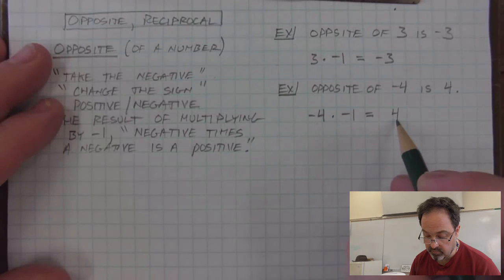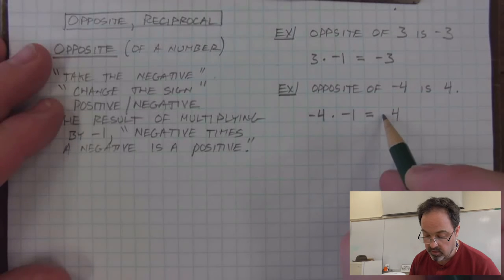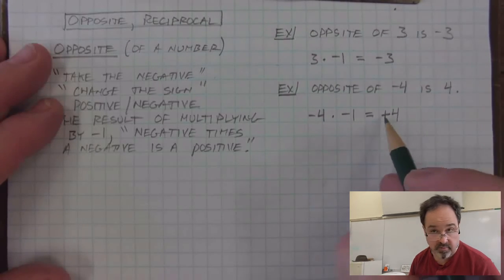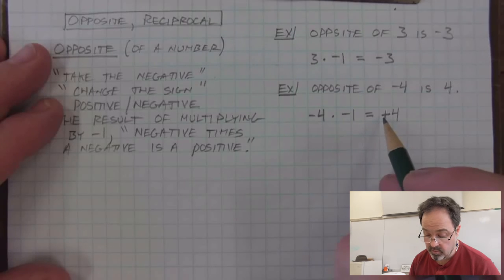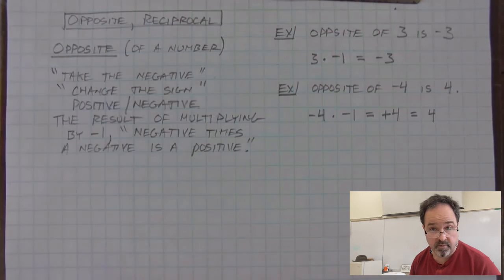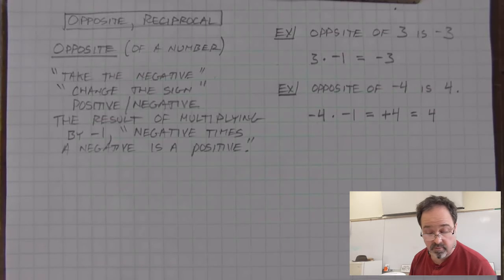Negative times a negative equal to positive. And we could show, using the positive symbol, same thing as plus, that it's +4. But if a symbol is not in front of a number, it's implied that it's positive. So we don't need to show the positive sign for a number to be positive, but we do have to show the negative sign for it to be negative.